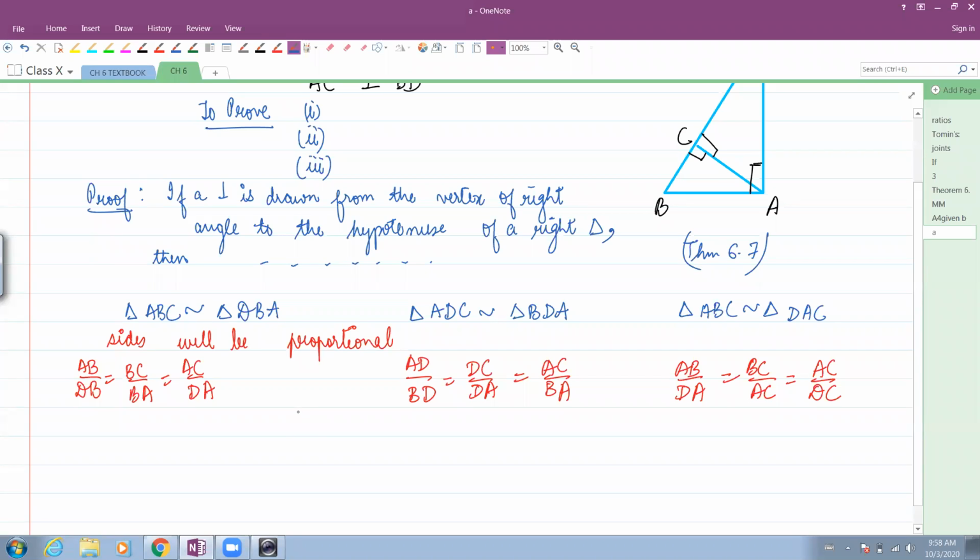You require AB square equals to BC into BD. This is your first part. Then you require AC square equals to BC into DC.